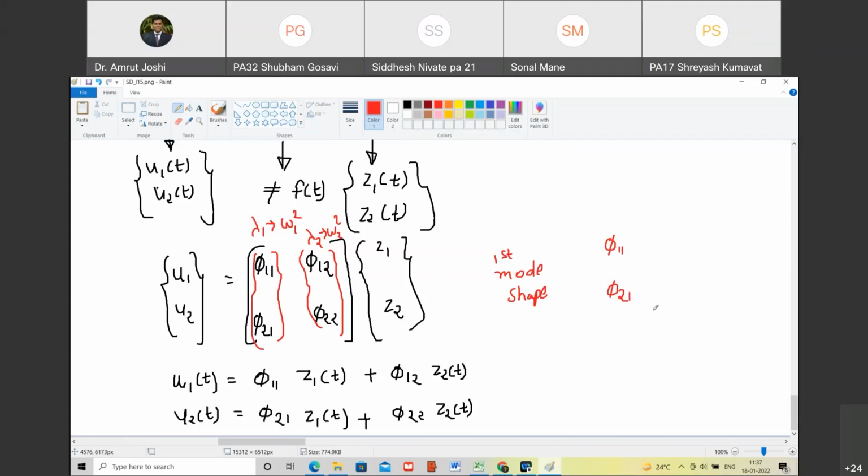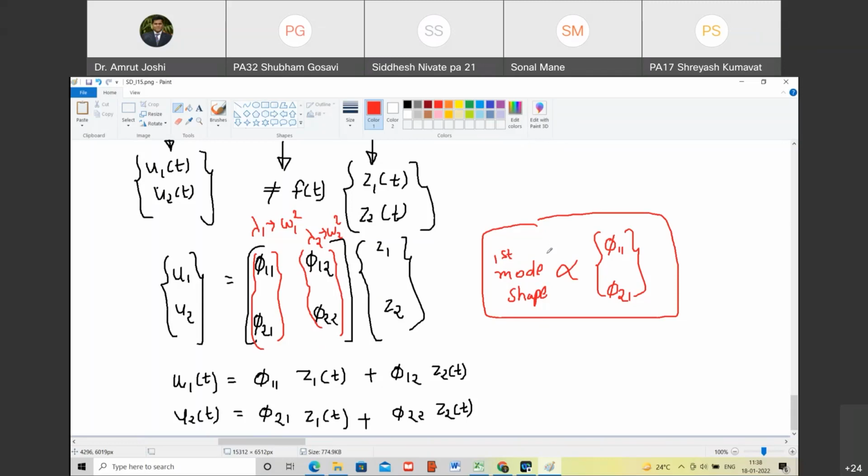Are you with me? Yes, sir. And any scalar multiple of this, we will call it alpha, will also qualify as the first mode shape. So it is a qualitative representation of the first eigenvector. Do you agree with me?